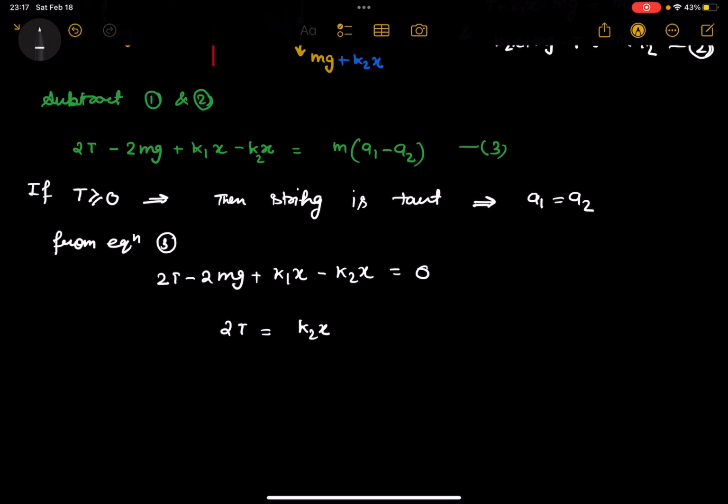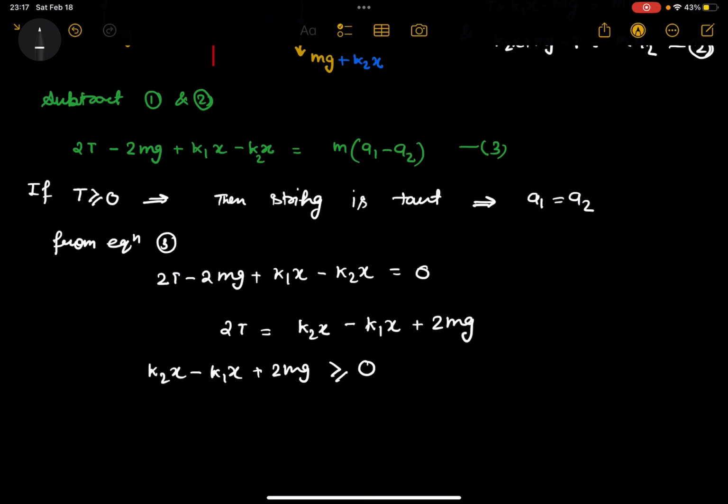Since tension is greater than or equal to 0, K2x minus K1x plus 2mg is greater than or equal to 0.